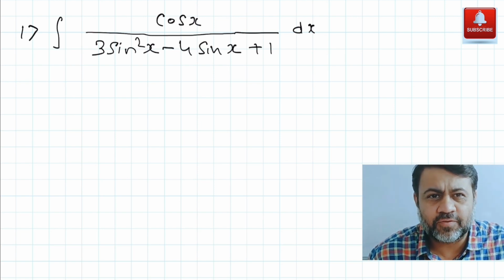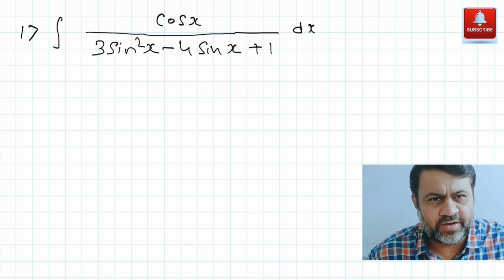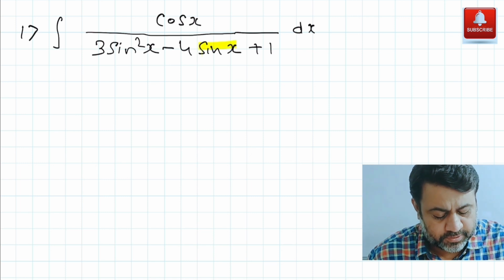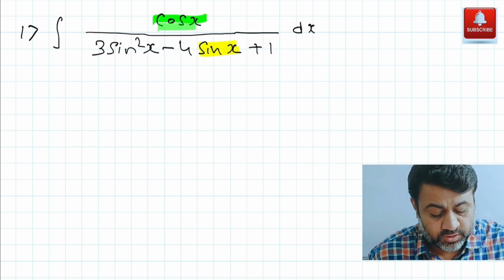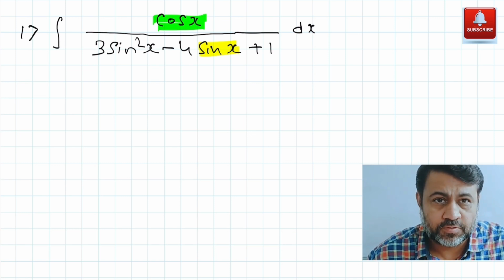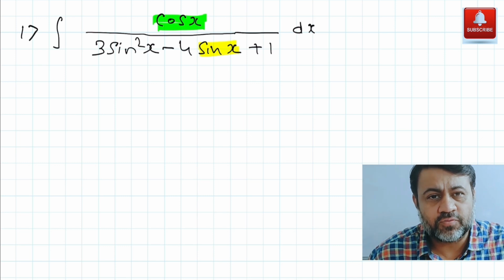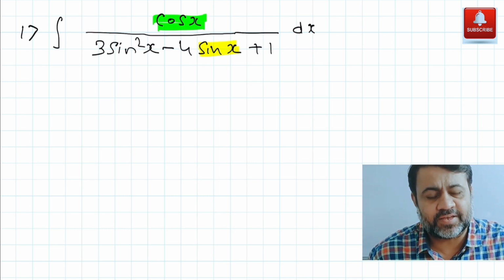Usually our idea is a function and its derivative supposed to be present in the question. So can you identify, and that is identified very easily for this question at least, that derivative of sin x is cos x, which is present in the question. So what we can do here is we can substitute value of sin x as t.